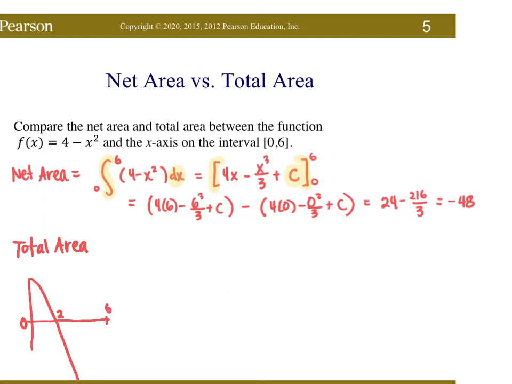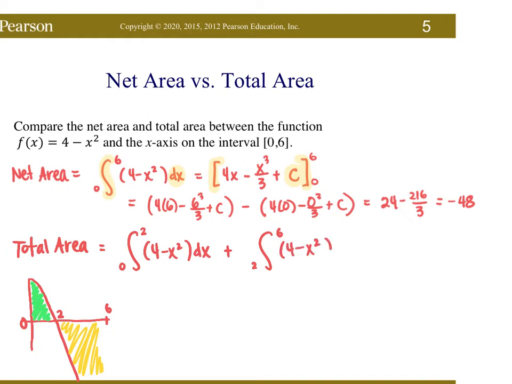And so we have this partitioned now into positive area and negative area, which is going down off the screen. So if I'm going to find out the total, I have to break this up. I have to go from 0 to 2 of 4 minus x squared dx. And I also need to go from 2 to 6 of 4 minus x squared dx.